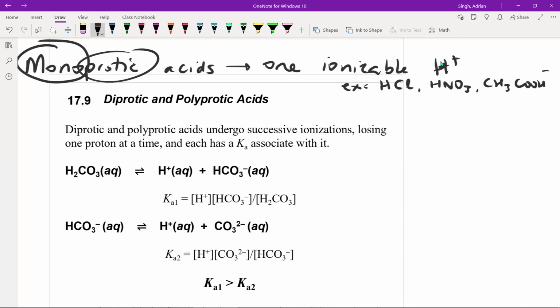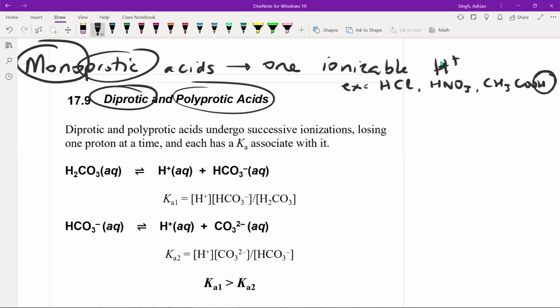in acetic acid, this is the ionizable, that's the acidic proton. All the other ones are not. So it's made our discussion of acids and bases a lot simpler so far. However, there are many acids that are not monoprotic, meaning we can have ones that are diprotic and also polyprotic.